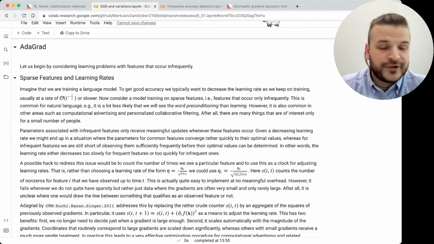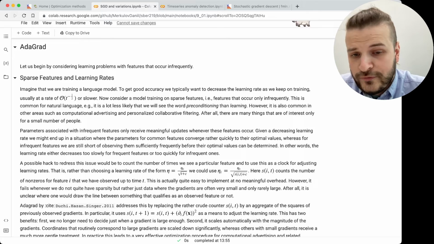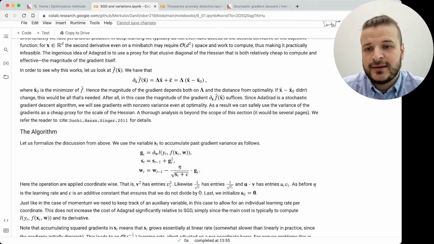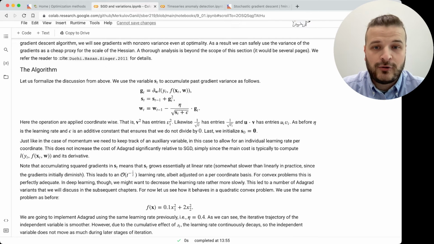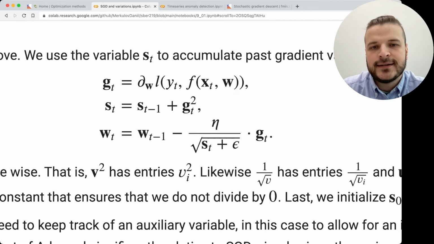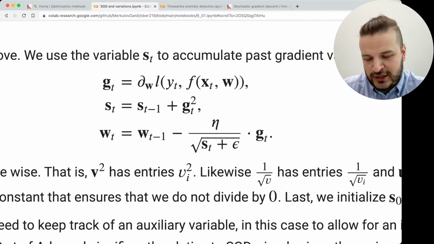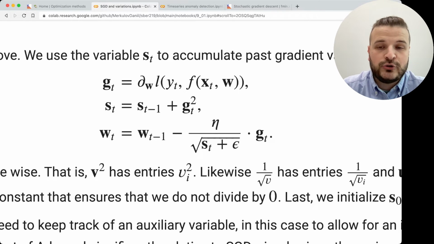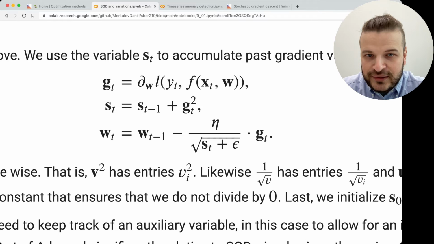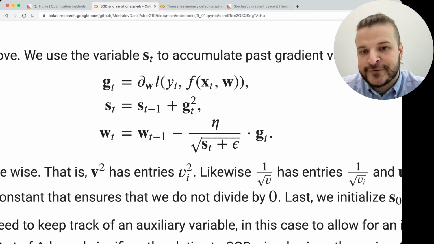Adaptive algorithms were developed to address the problem of the learning rate selection procedure. For example, in the AdaGrad algorithm, we could use an adaptive learning rate. If g is a stochastic gradient vector, then you just update vector s, which is nothing else but the sum of squared historical gradients.